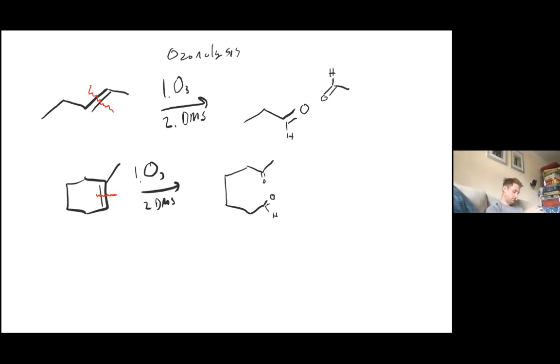Okay, let's do a bit of a review, and then I'll let you guys go for the day. So, reactions we've talked about. First one is adding in H2 and platinum, going to reduce down to just a single bond.